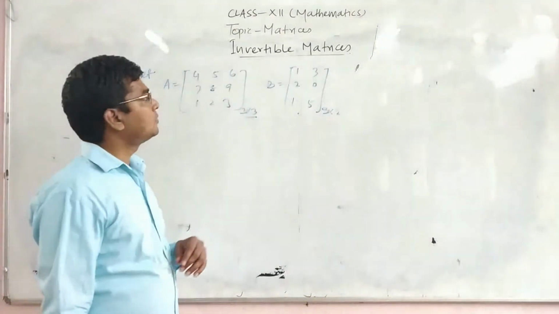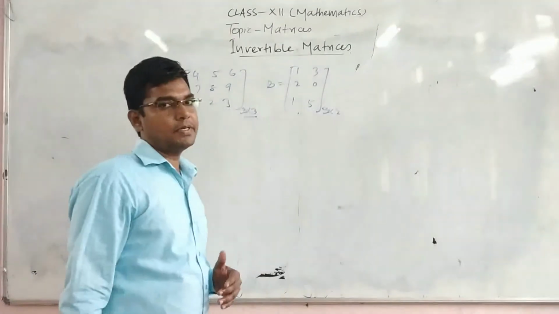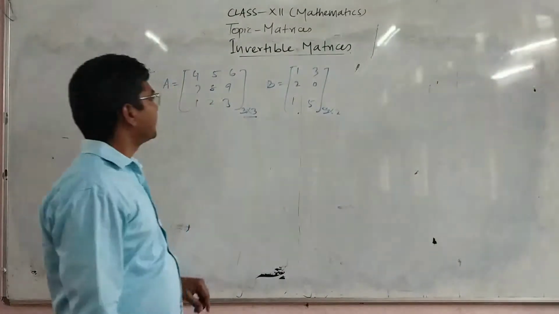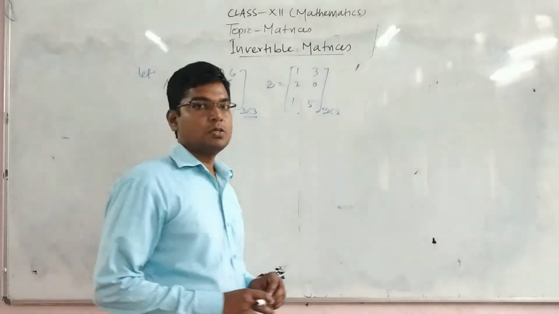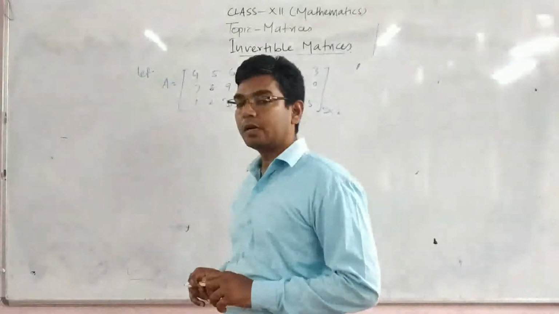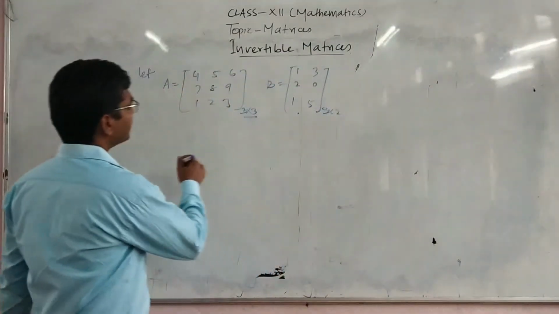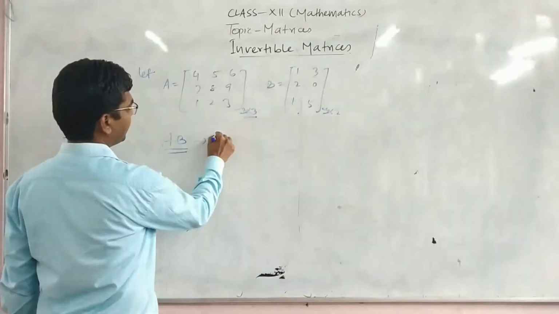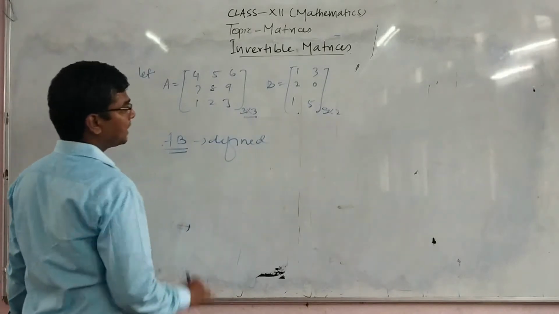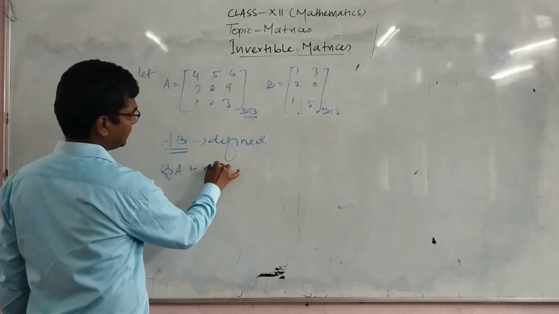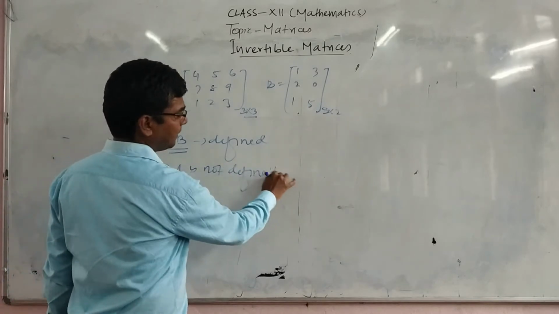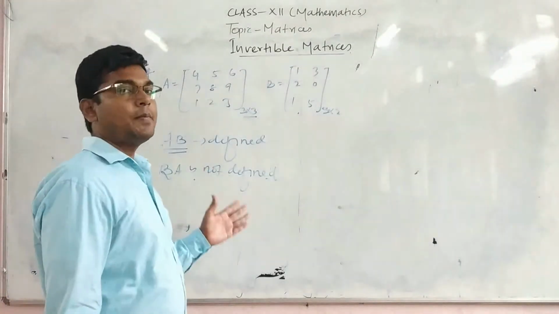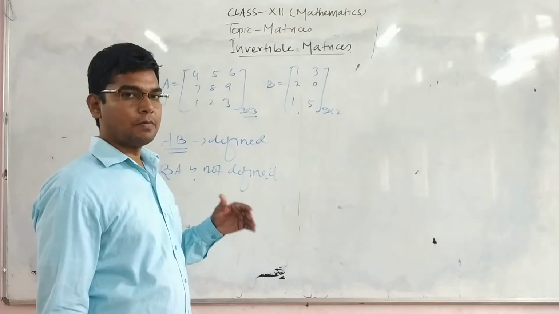Now I have told you that in the definition I have used a square matrix. It means a rectangular matrix does not show an inverse, or is not invertible. Why? Because sometimes AB is defined here, but BA is not defined. So first and foremost condition is that AB and BA both must be defined and should be equal to the identity matrix.